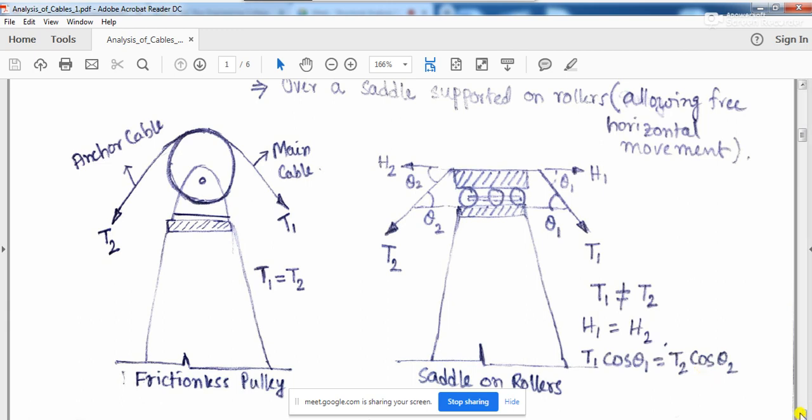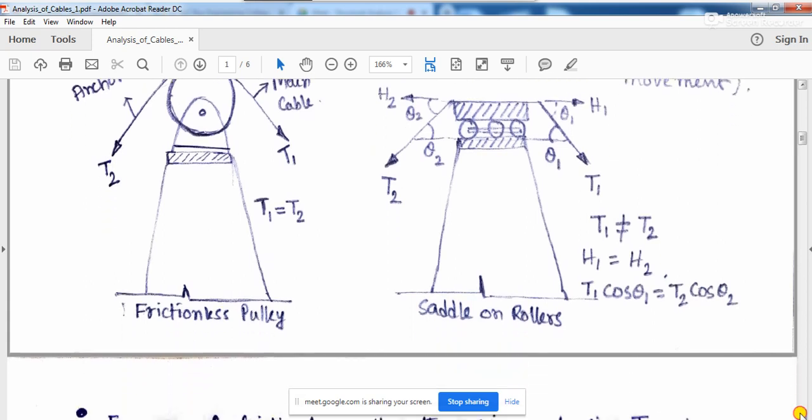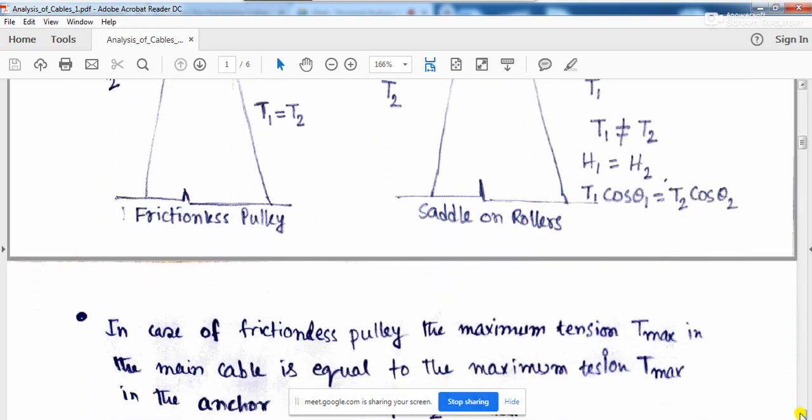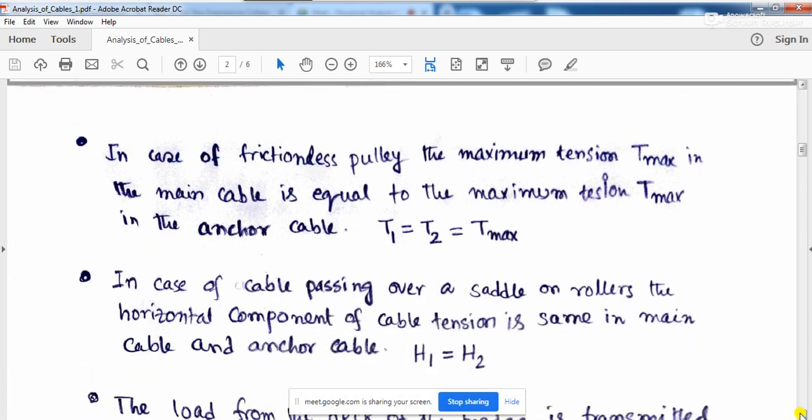Okay, so let me proceed further. After understanding this mechanism of the pulley, I have just written it in words.